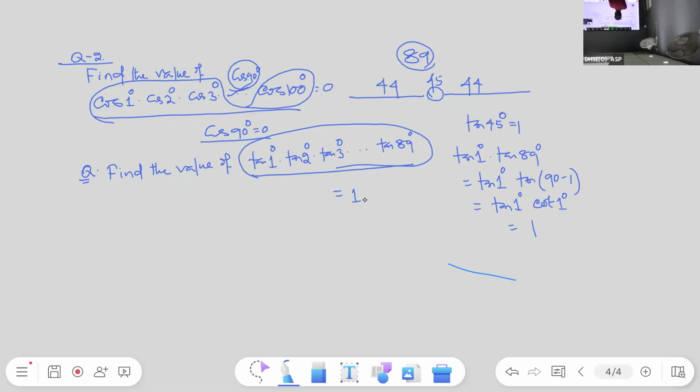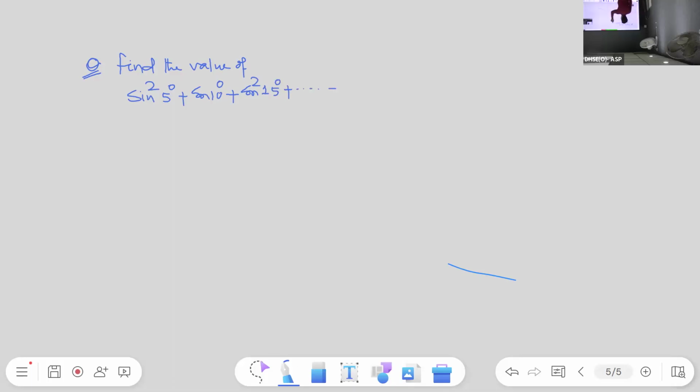Next question. Find the value of sin square 5 degree plus sin square 10 degree plus sin square 15 degree plus up to sin square 85 degree.